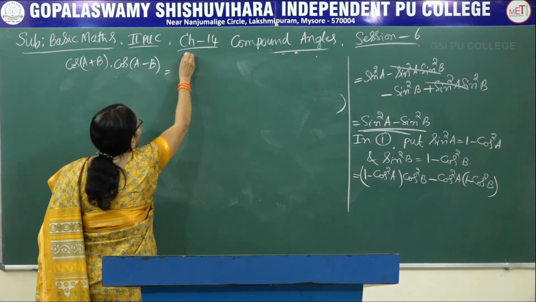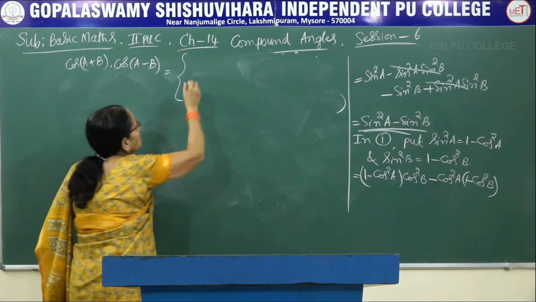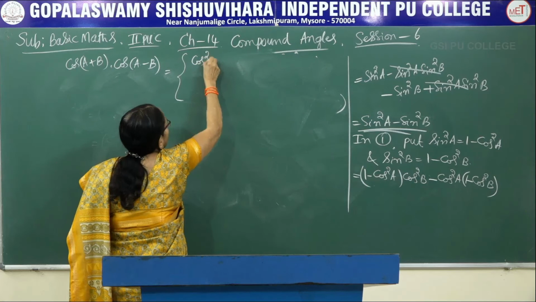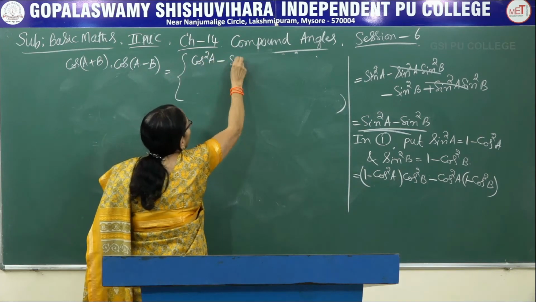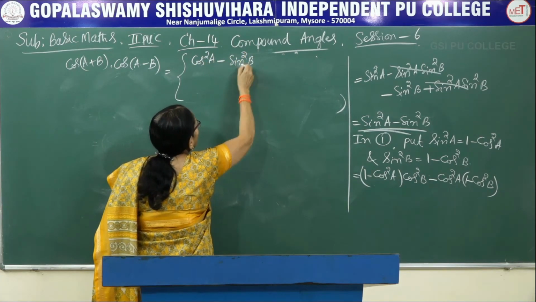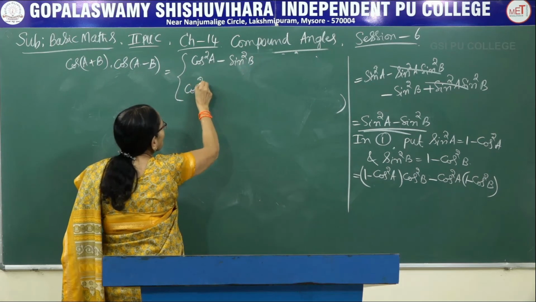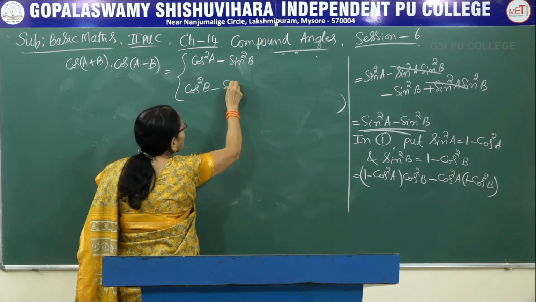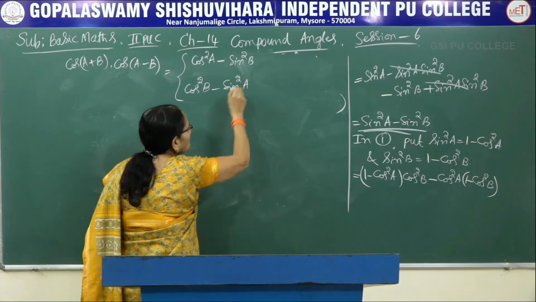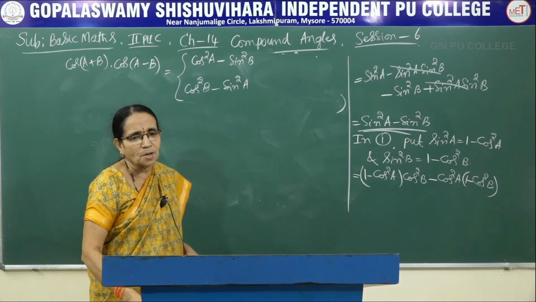Now here it has got two results. One result is cos square A minus sin square B, or it can be cos square B minus sin square A. You observe the difference here.